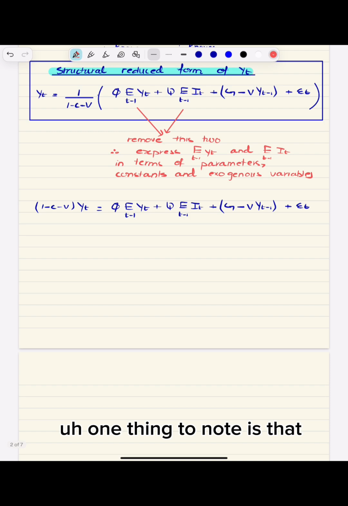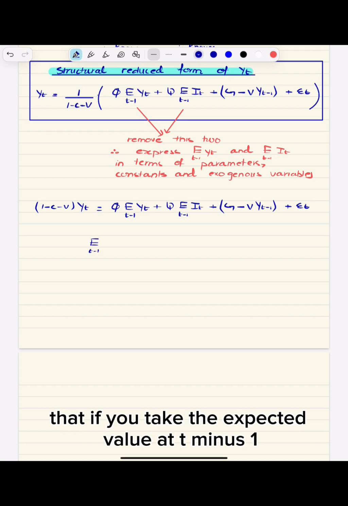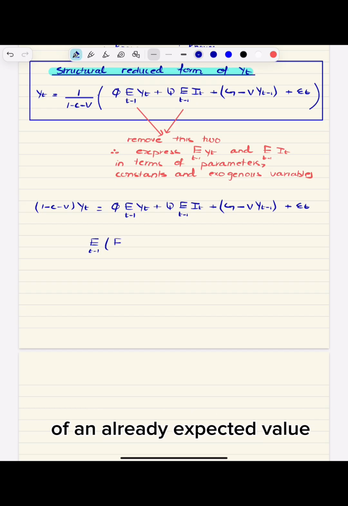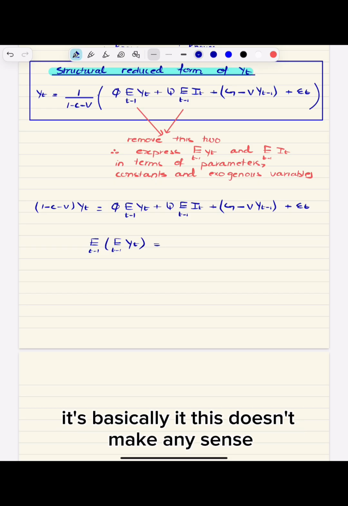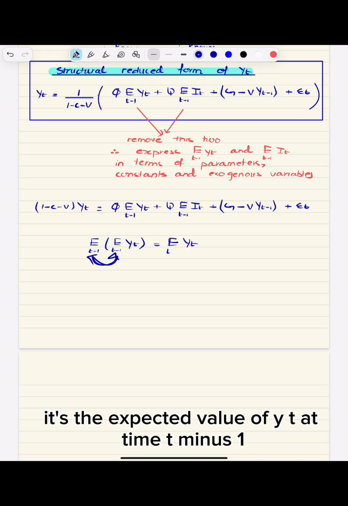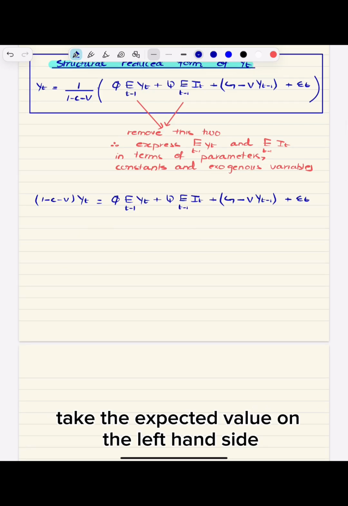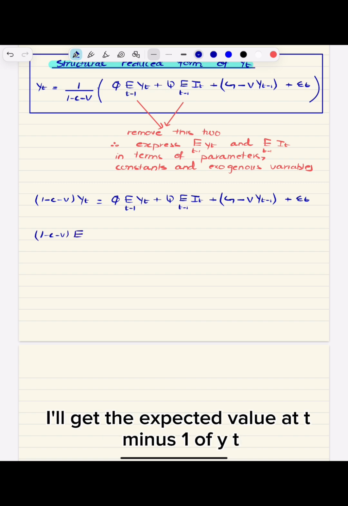One thing to note, which I'm sure all of you already know, is that if you take the expected value at t minus 1 of an already expected value of Yt, it's just the expected value of Yt at time t minus 1. You're not going to square it or anything. So let's take the expected value. On the left hand side, I'll get the expected value at t minus 1 of Yt.